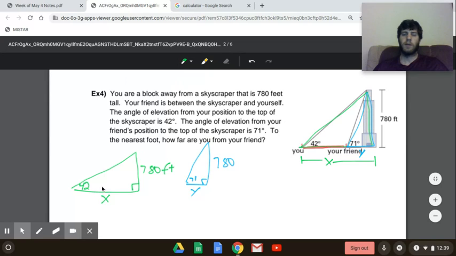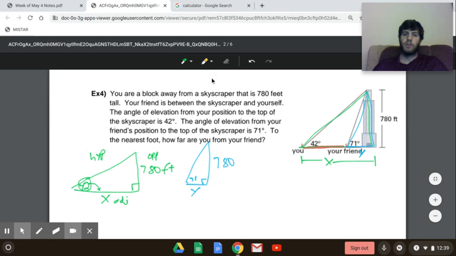We want to label the hypotenuse. That's the side across from the right angle. We want to circle the angle in question. Across is opposite, so 780 is opposite. Next to is adjacent, so x is going to be your adjacent side. We're going to use opposite over adjacent, right?